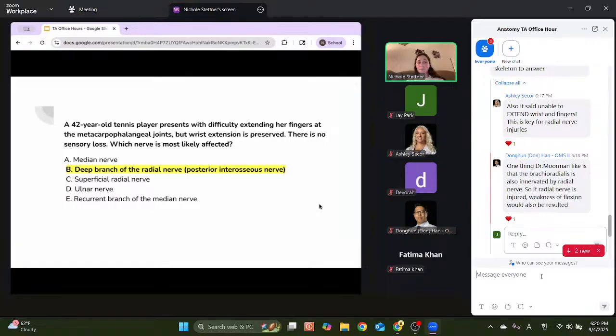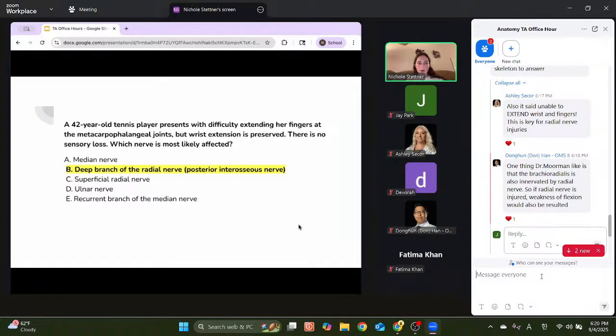But that would be more those types of skills. And if they did have sensory loss, it'd be to the pinky and to the other half of the ring finger.